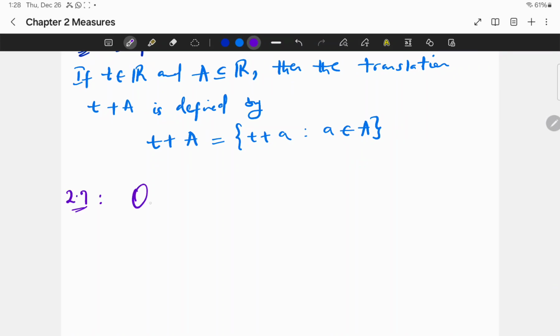The outer measure is translation invariant.